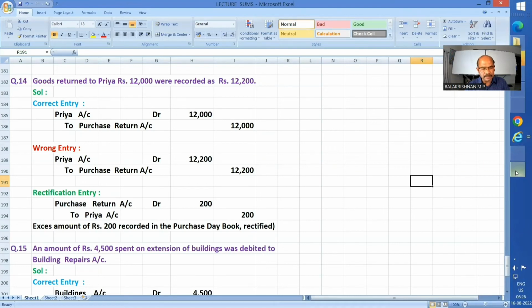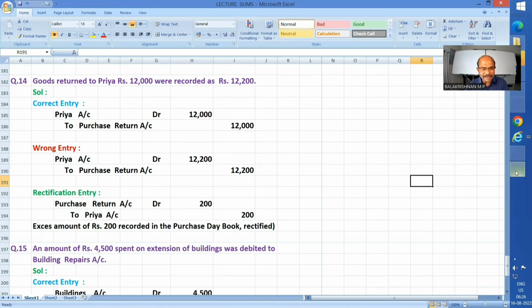Any entry in the purchase return book implies that party has been debited and purchase return account has been credited, because purchase return of goods is a real account. So this is the correct entry. Party account debtor 12,000 to purchase return account 12,000.